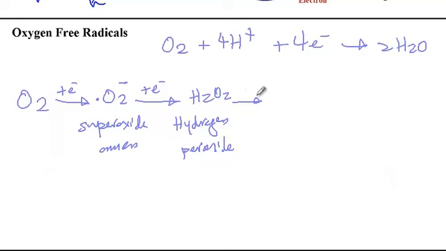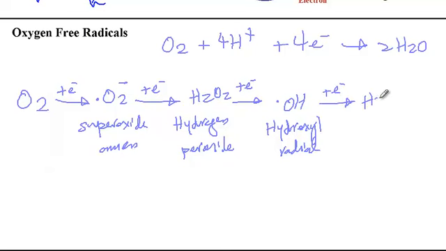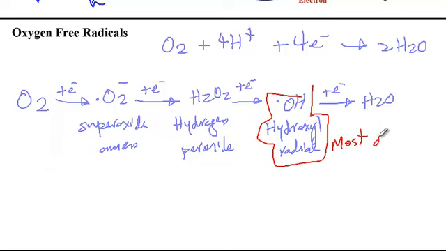If we add 1 more electron to it, it will form a hydroxyl radical. And then if we add 1 more electron to it, that's when water will be formed. So now, can you tell me, of all these molecules, which one is the most dangerous and most toxic one? The answer is hydroxyl radical, because this is the most reactive one. This is also the most damaging of all these.